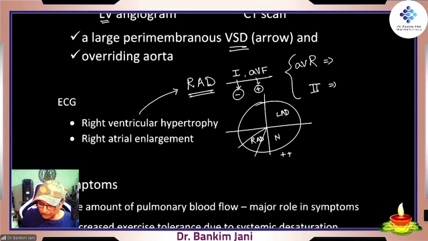This is left axis, right axis deviation. If it is right axis deviation, then with 90 degrees as the reference, it is either 120 degrees or 150 degrees, right? This one is 150 degrees and this one is 120 degrees.